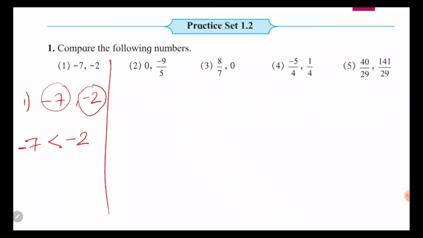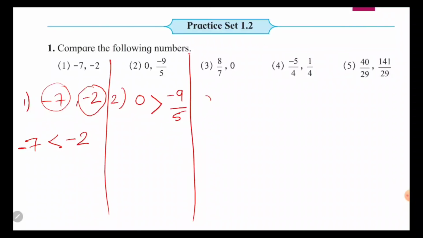Okay, now next is 0 and -9/5. Now again we know that a negative number is always lesser than 0 and always lesser than each and every positive number. So I'll be writing that 0 is greater than -9/5.